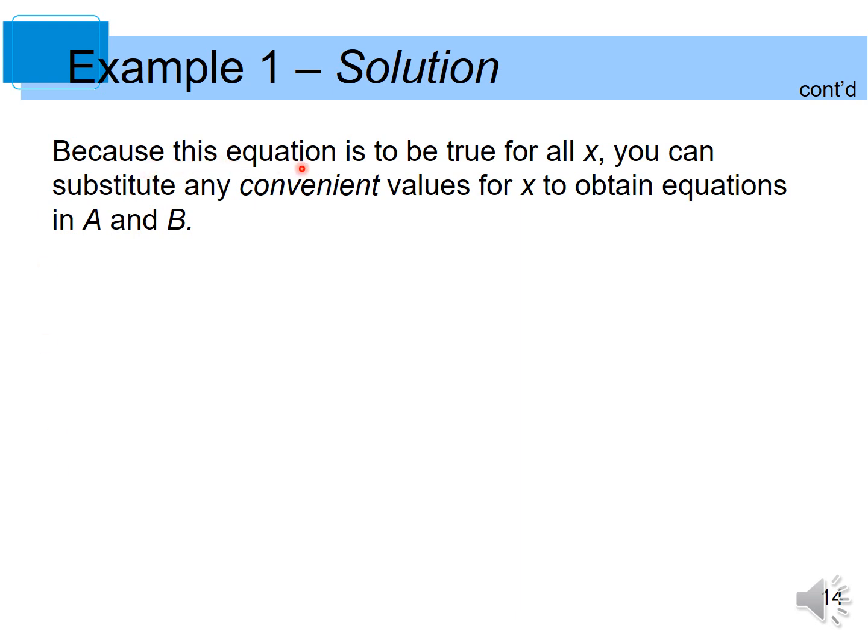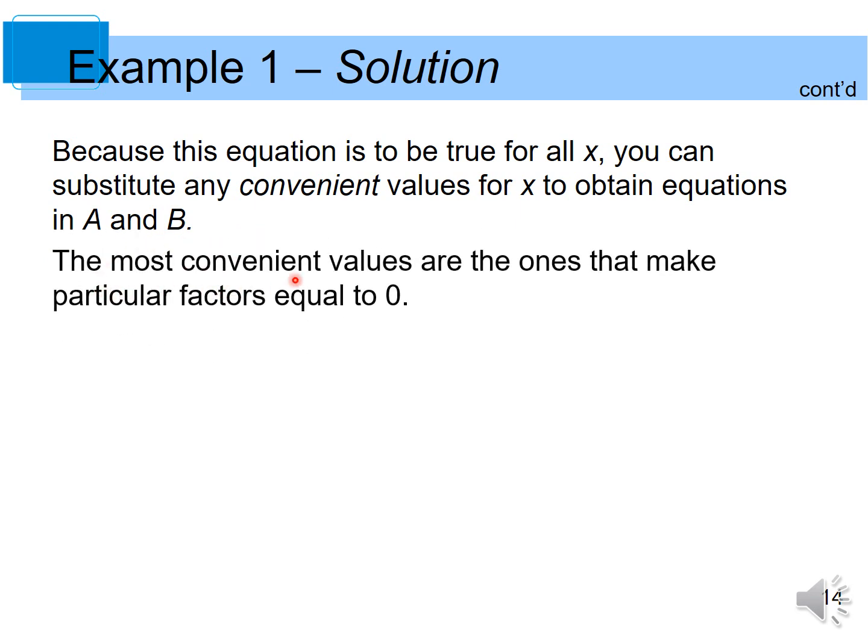Because this equation is true for all x, you can substitute any convenient value for x to obtain an equation in A and B. The most convenient values are the ones that make a particular factor equal to 0.